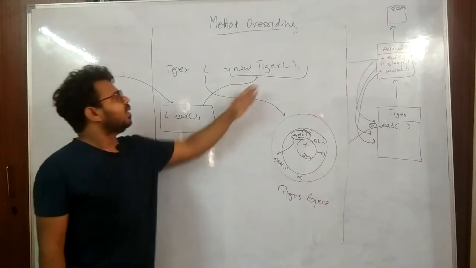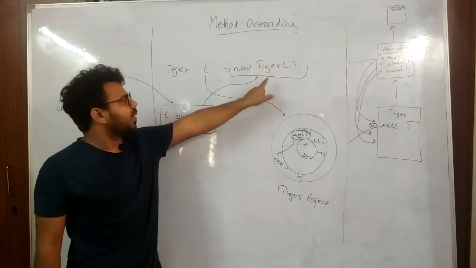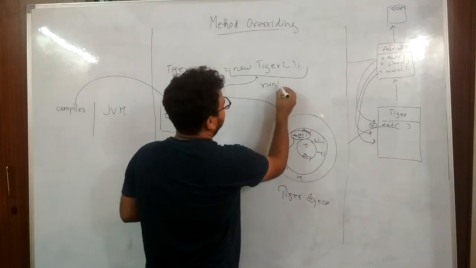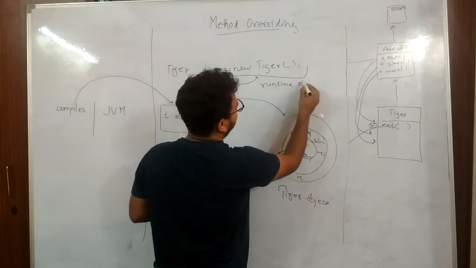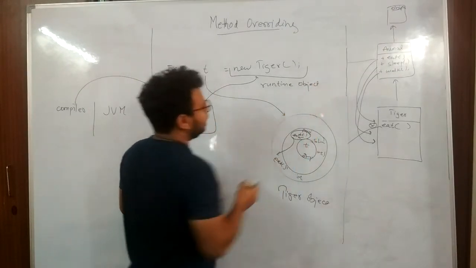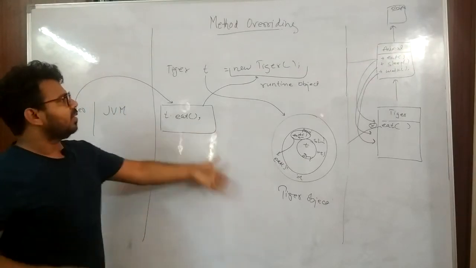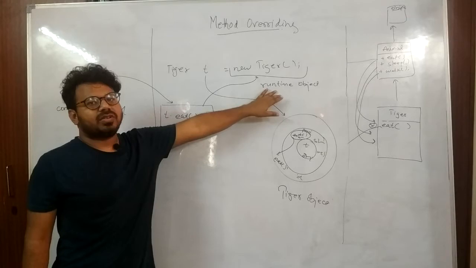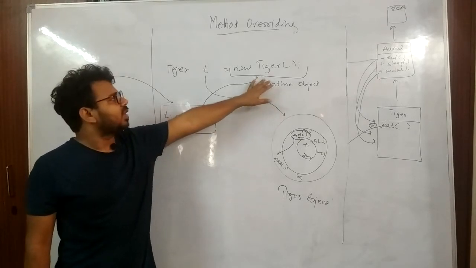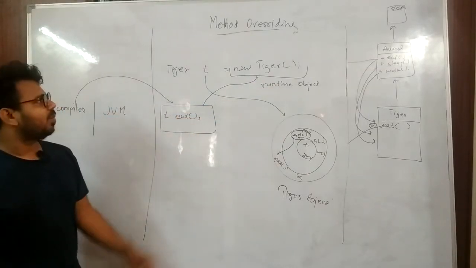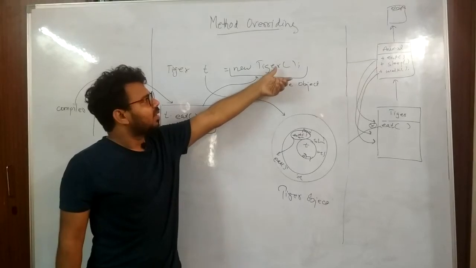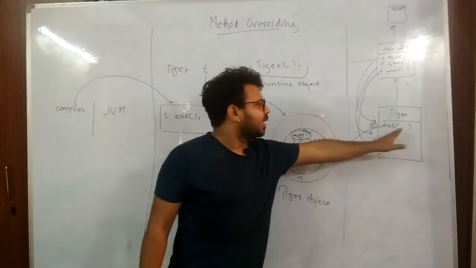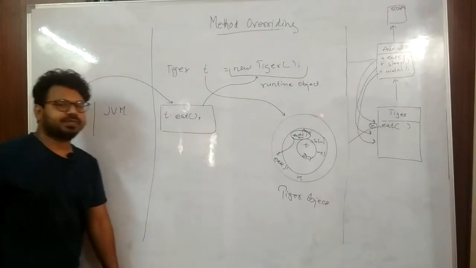The JVM will simply call the method based on the runtime object, that is method resolution is based on the runtime object. Here we have a Tiger object, so the eat method from Tiger will be called.